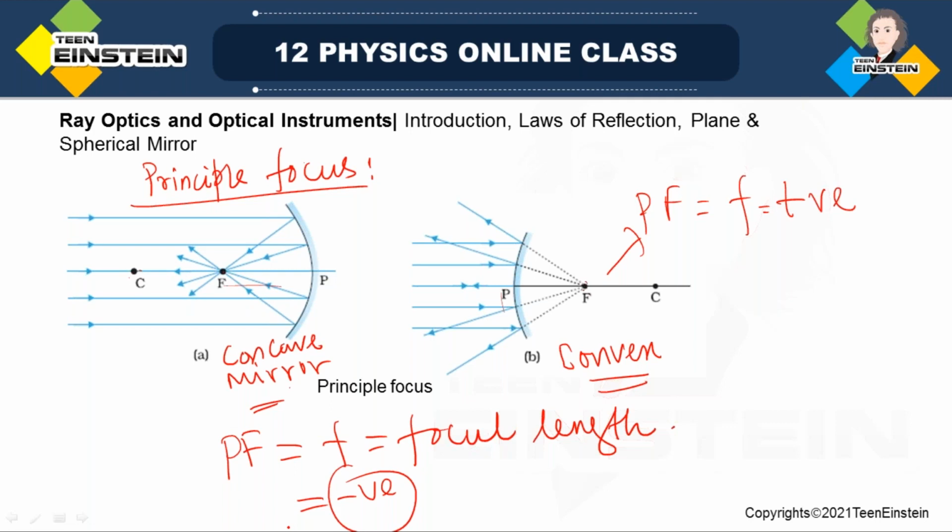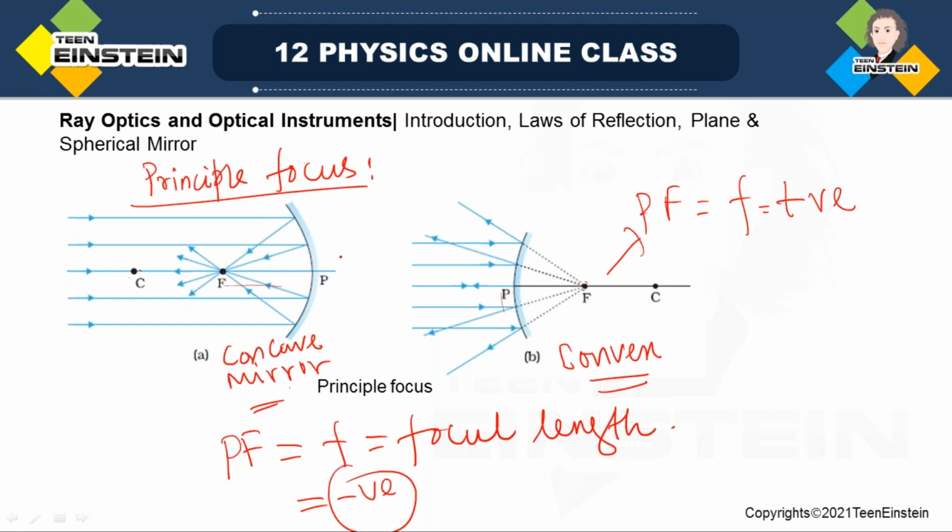As a combination, if you write the definition, you have to combine both. If a beam of light parallel to the principal axis, after reflection, meets or converges at a point on the principal axis, or appears to diverge from a point on the principal axis, that particular point is called principal focus.